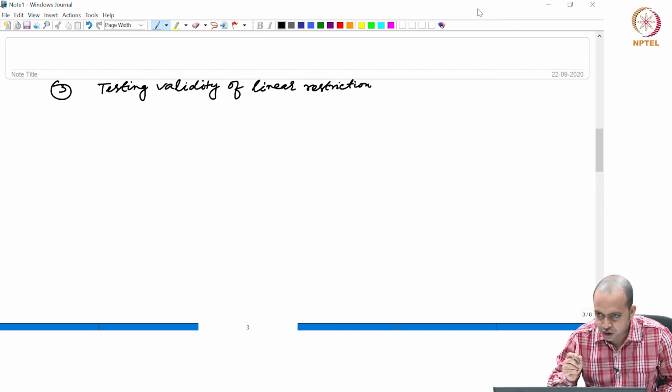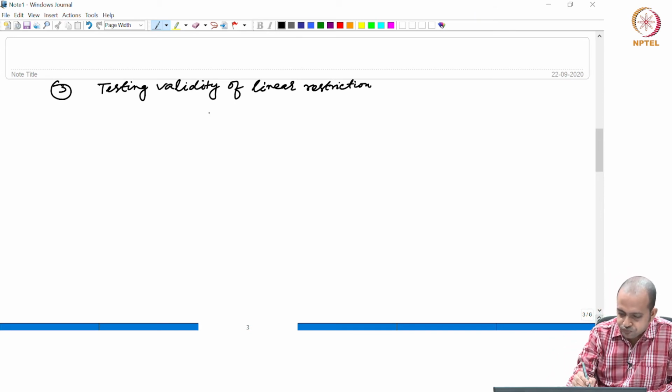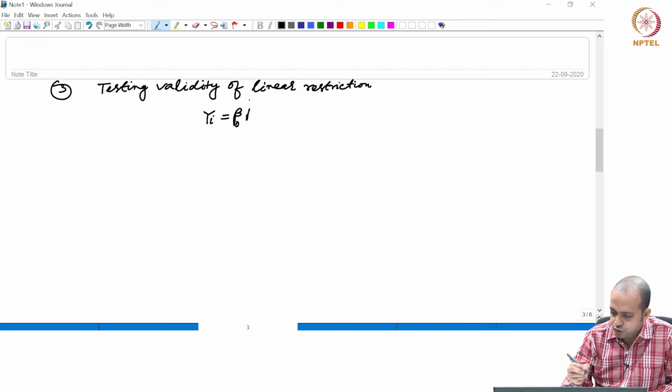The production function was yi equals beta 0 into x1i to the power beta 1, then x2i to the power beta 2 into e to the power ui.